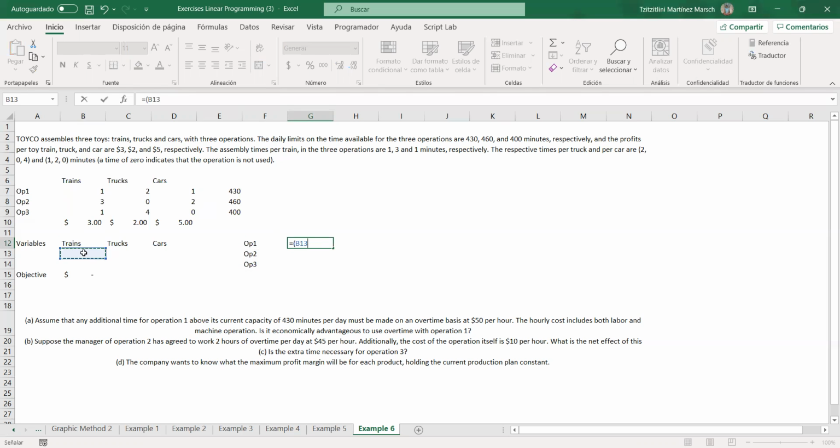The number of trains times my operation for how long it takes, how many minutes, plus the number of trucks times its time, plus cars times cars.